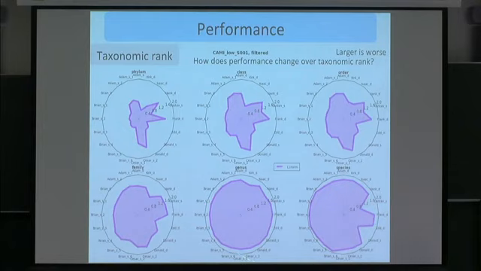One thing to note, there was a little bit of difference between how strains were reported by participants and how they were represented in the ground truth by CAMI. Because of that difference in representation, strains aren't shown at all, because we really couldn't compare them. So that's why we stop at species. But you can imagine, if you're doing this poorly at the genus level, then you're not going to do better at a lower level.